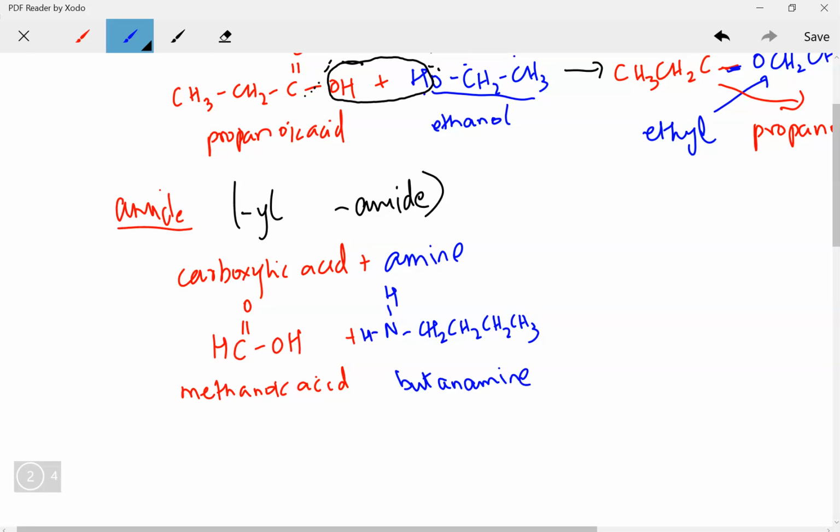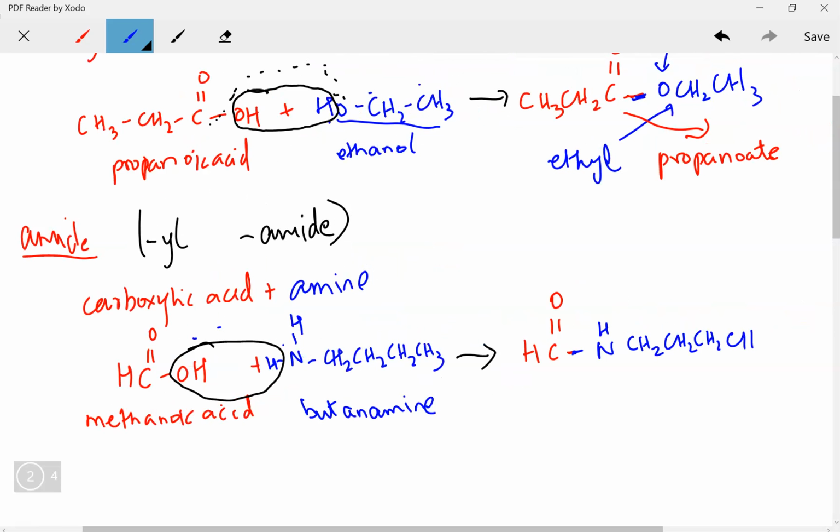So butanamine, and then we are going to, again, take a water out of that. So again, we're left with an acid part, HC double bond O. And then the bond continues over here, so NH is left, and then we have CH2, CH2, CH2, CH3.